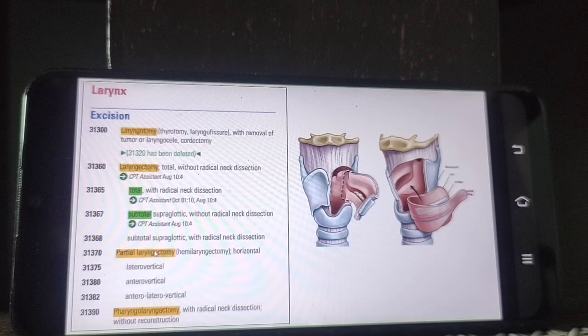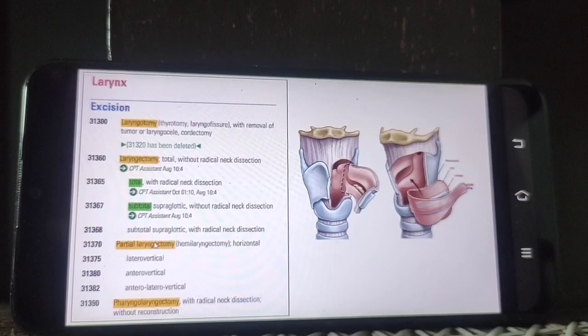Okay. So if that term is present, go for with radical neck dissection. Did you understand? Any doubt?